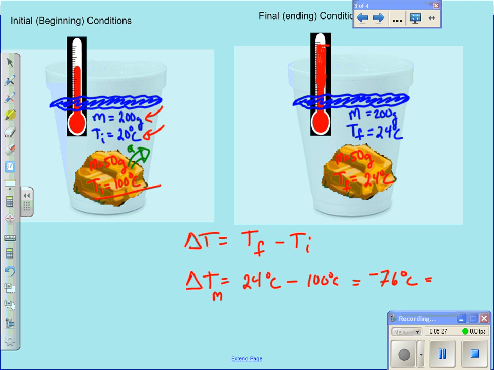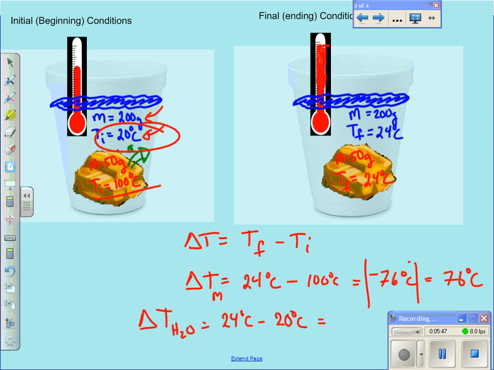And again, for today, we're just going to keep it positive, so we'll take the absolute value, so 76 degrees Celsius. Do the same thing for the water. Temperature change for the H2O. The final temperature is 24 degrees Celsius. The initial temperature, right up here, was 20 degrees Celsius. So the temperature change for the water is positive 4 degrees Celsius.